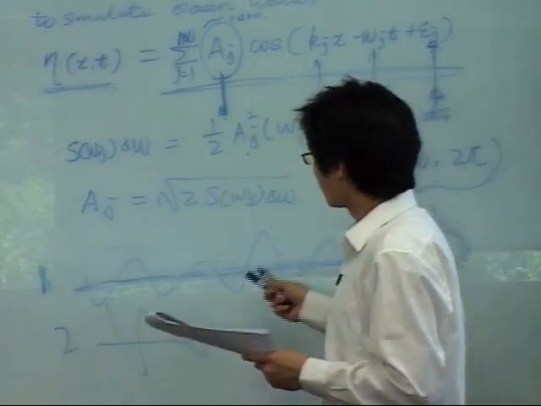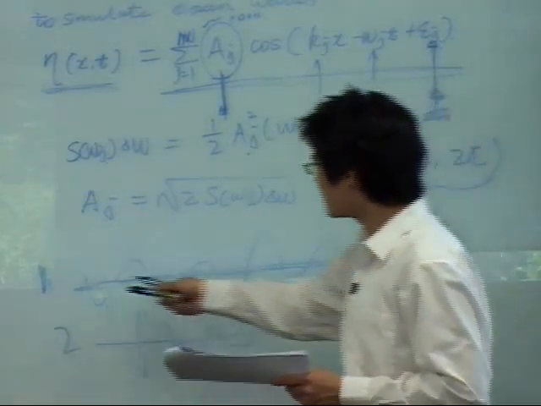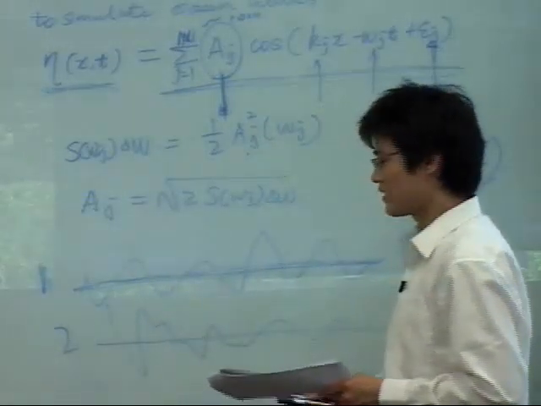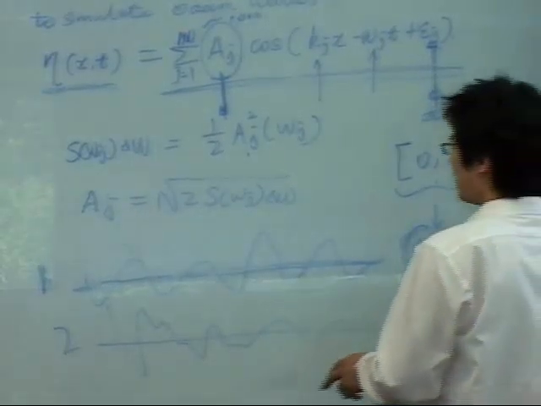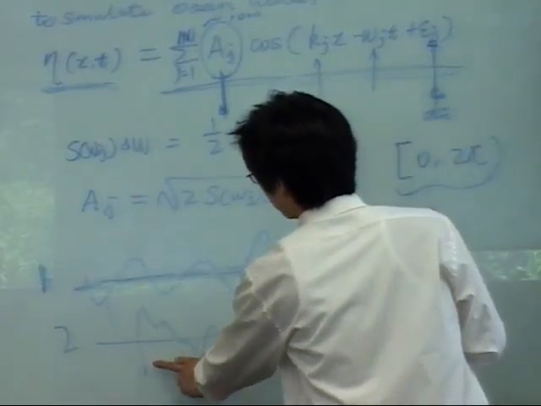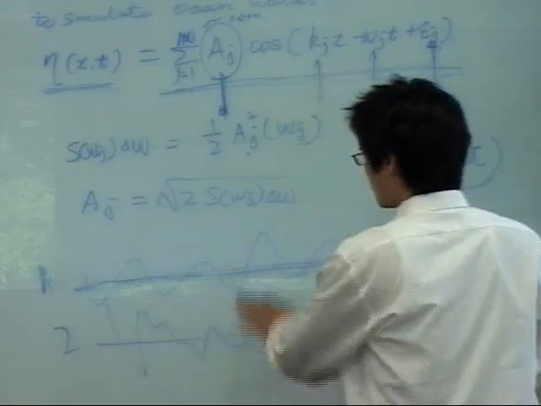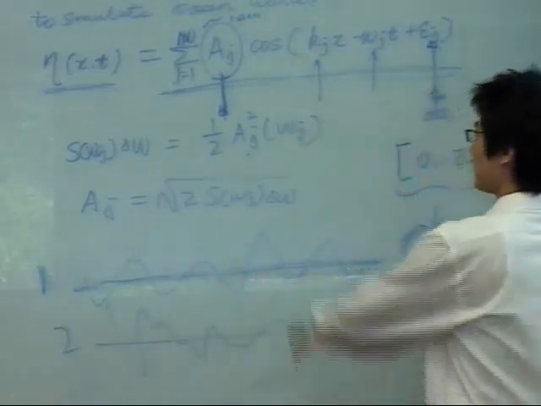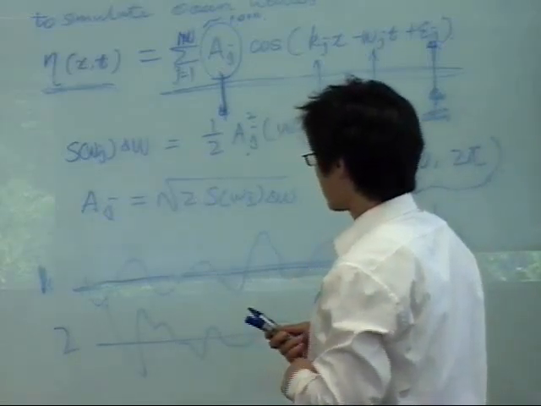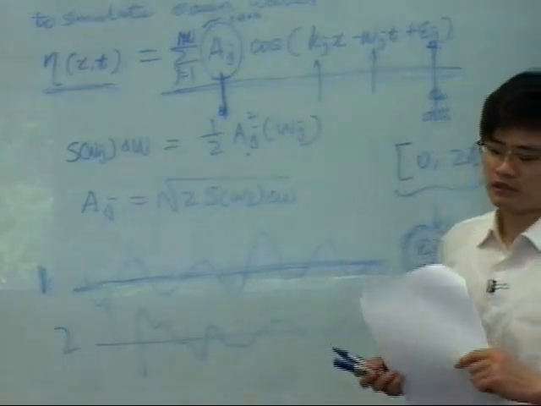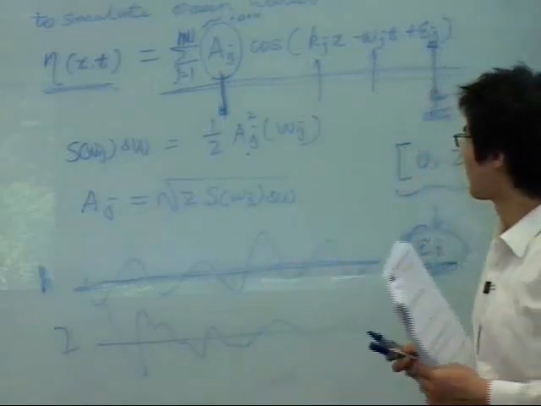The thing we are considering here is not the individual surface elevations. It's statistics. If you do statistical analysis, those two surface elevations, if you follow the strict procedures, will both follow the normal distribution.